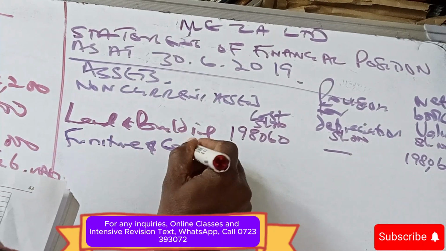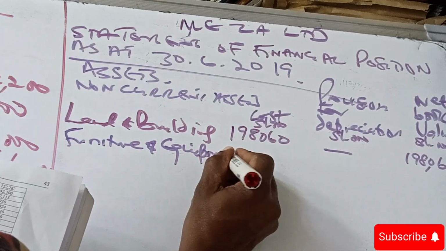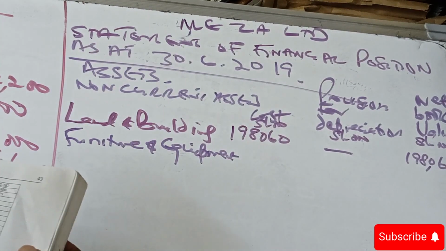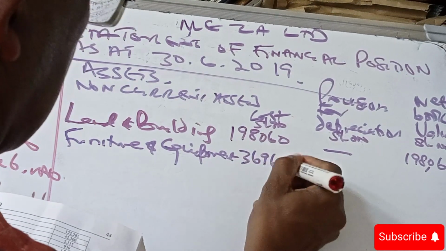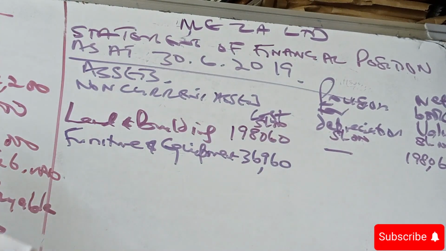We know that the original cost of office furniture and equipment is 6,960. Please mark that. You have been given the cost and the net book value. The net book value at the beginning of the year was 11,160.